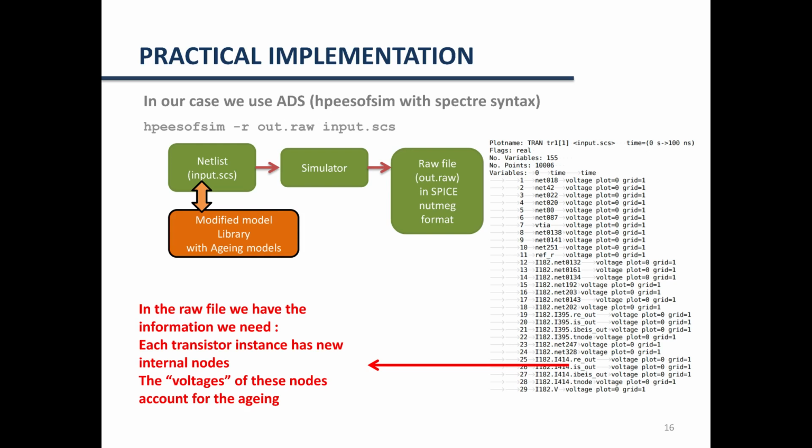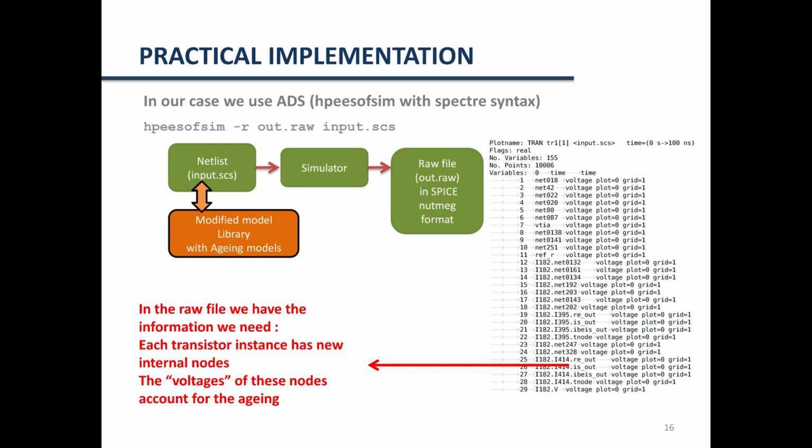So we run the simulator in command line. We specify the input netlist and the output file. Again, the netlist refers to the modified library with the aging models, and we get the raw results in the output file.